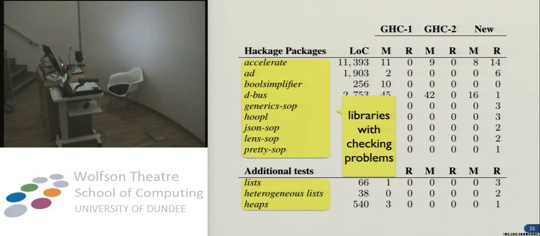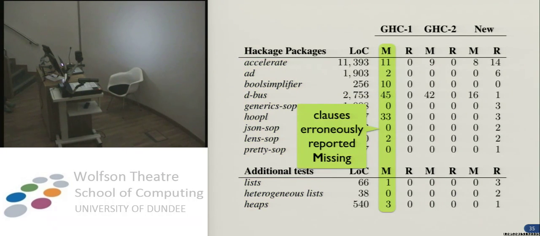So these are the libraries with checking problems. Most of them you can find on Hackage. So to start with, here in this column, you see all the clauses that have erroneous reports of missing clauses. So the compiler says, okay, these pattern matches are not exhaustive. There are some missing clauses, but these warnings are actually bogus and they should not be there.